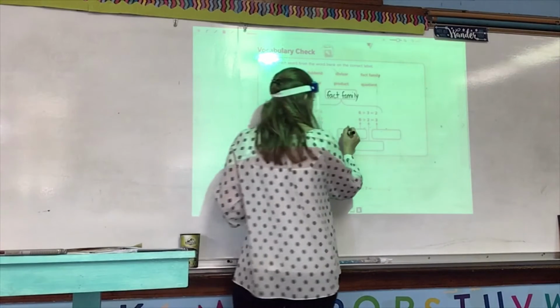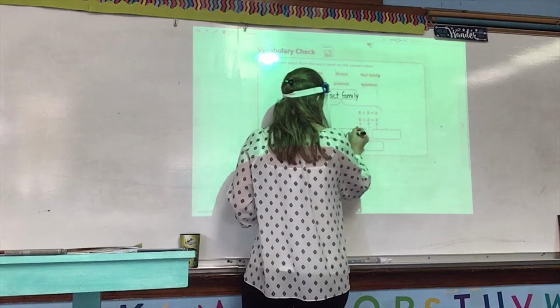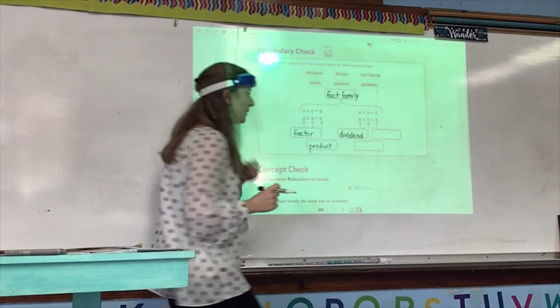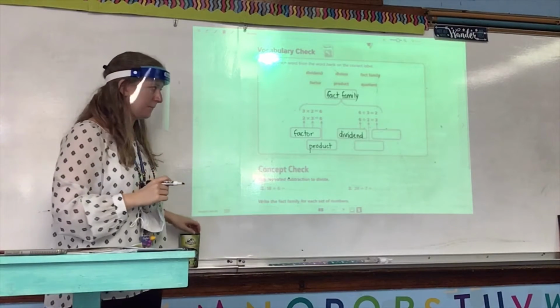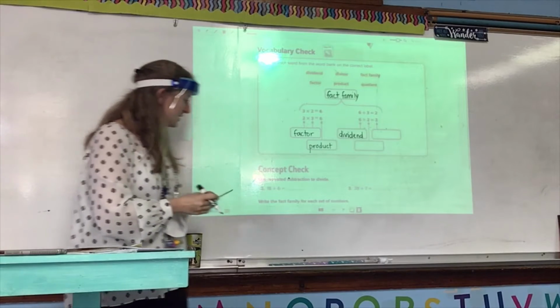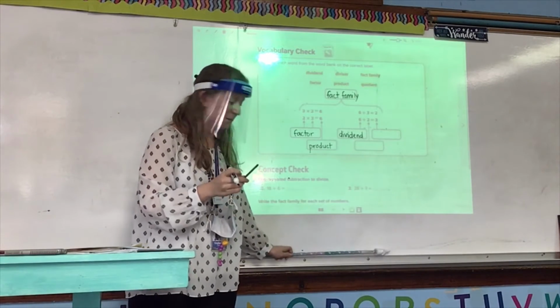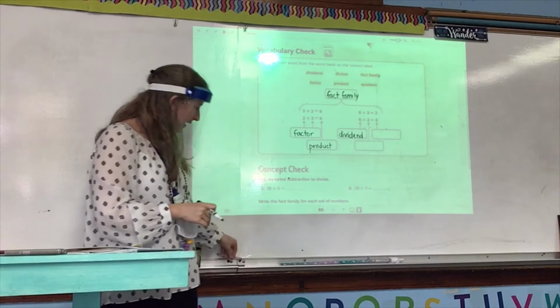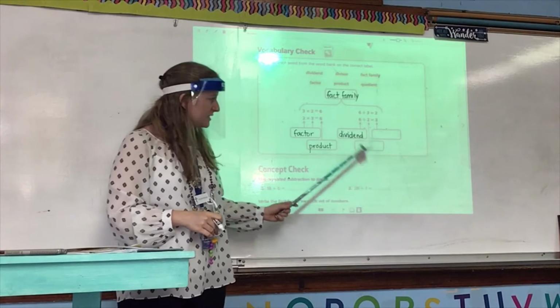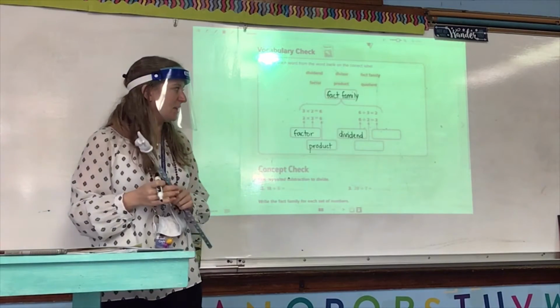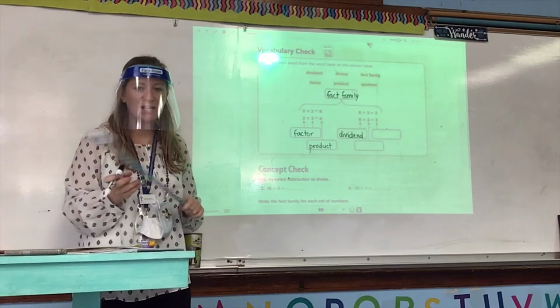Dividend. The dividend is the first number in a division problem. It is the largest number. Now our next label is pointing at the second number in the division problem. Carla, what word goes on this label, the number that the larger number is being divided into?